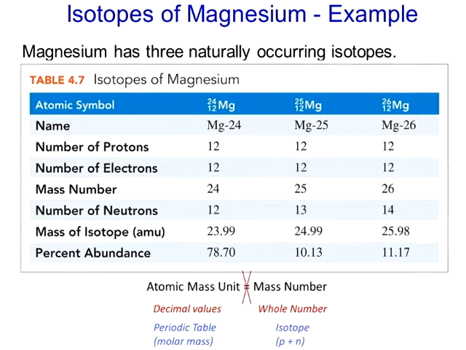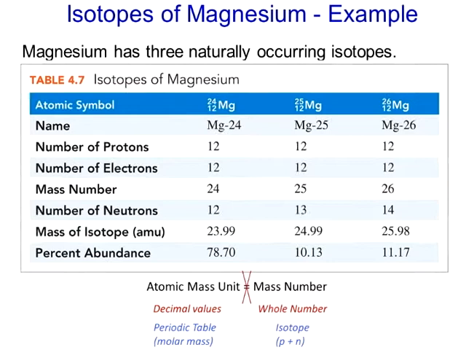Note if we calculate the mass, or if we look up on the table the AMU for each of these isotopes, we find that it's 23.99, 24.99, and 25.98. Mass of isotopes in AMU will have a decimal point, and I want to reiterate that again. That mass number is a whole number.